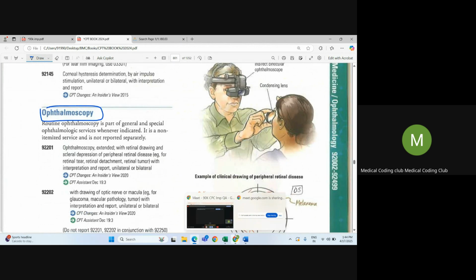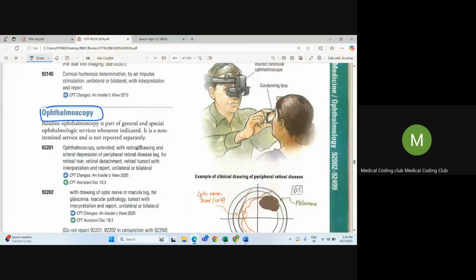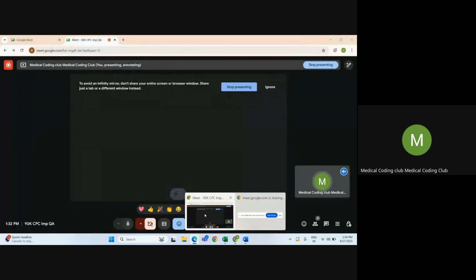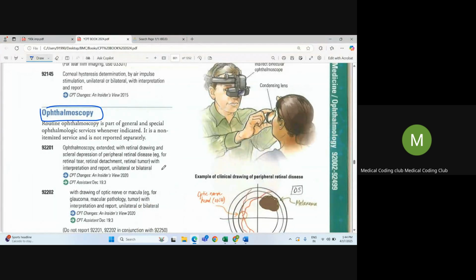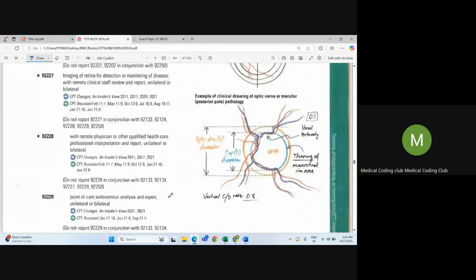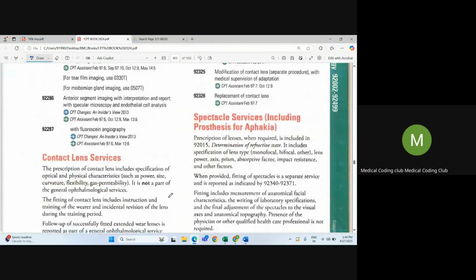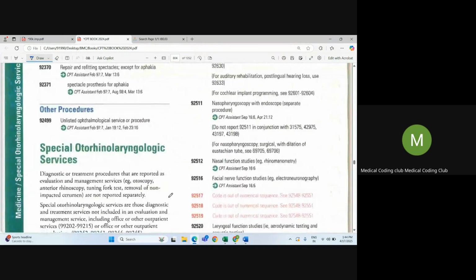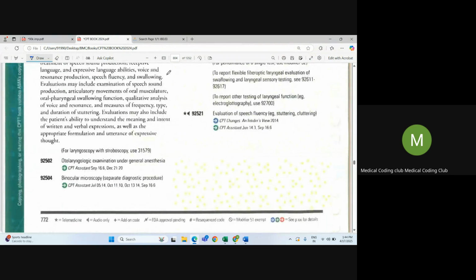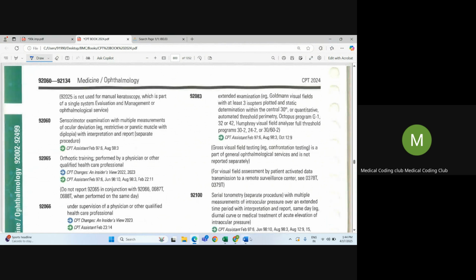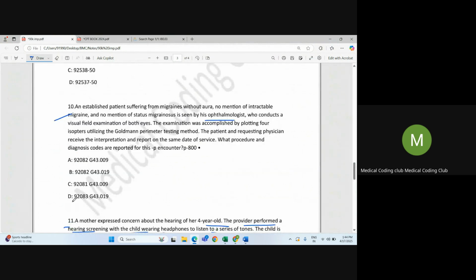In ophthalmoscopy, we follow E/M coding guidelines only, for new and established patient. The procedure. This is the question 920.